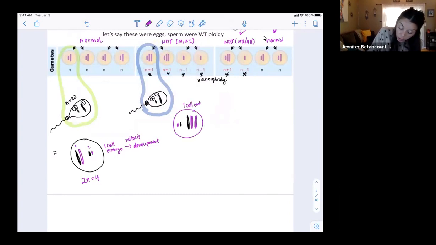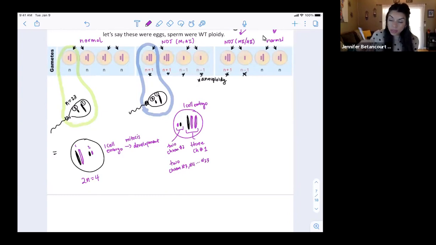But if we look at the chromosomes that are in that 1 cell embryo, you have 3 chromosome number 1s. You're not supposed to have 3, you're supposed to have 2. Okay? You have 2 chromosome number 2s, that's normal. And if this was a human embryo, you'd have 2 chromosome number 3, 2 chromosome number 4, all the way to chromosome number 23.